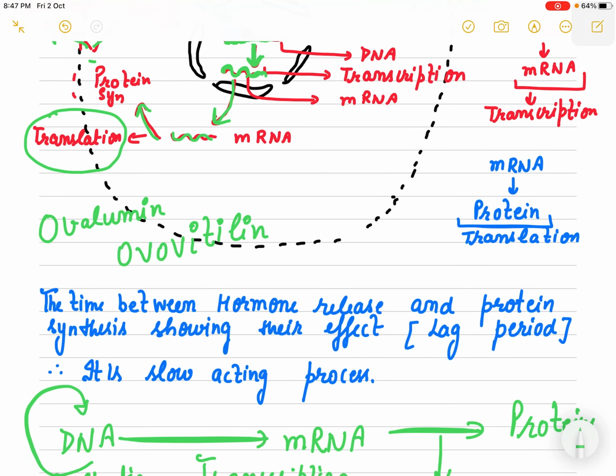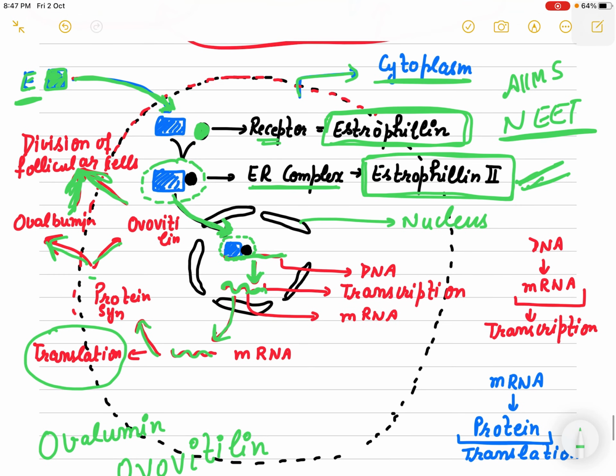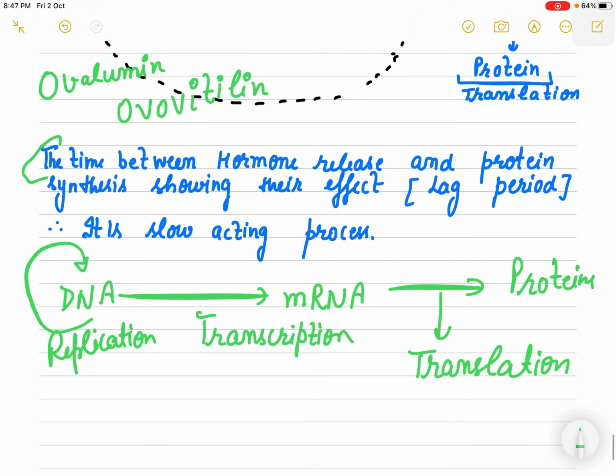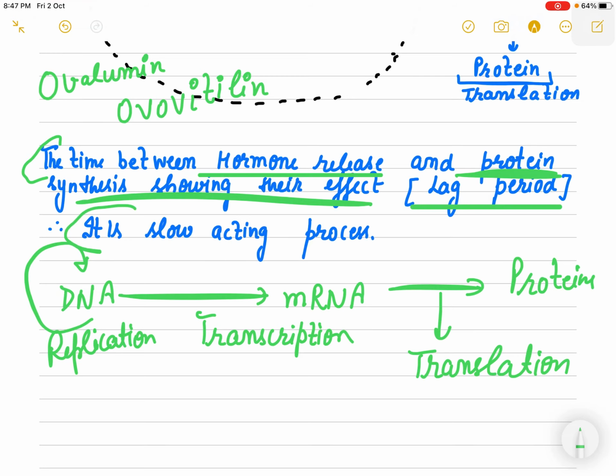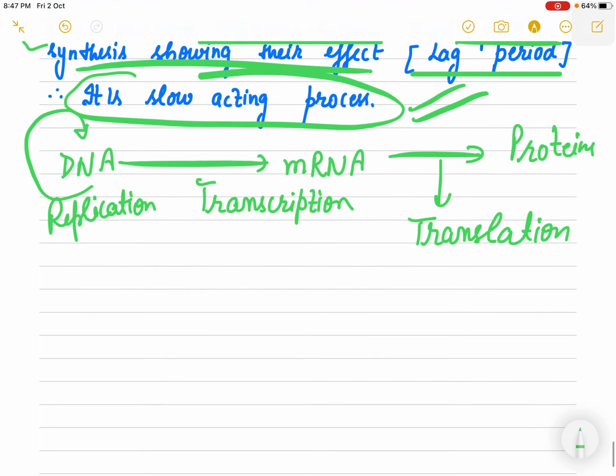But basically the main thing you need to understand here is the time between hormone release. So now just look here, when this was released and finally when it acted, here when division of follicular cells happened, that whole time between hormone release and protein synthesis is called lag period, and that is why it is a slow acting process.